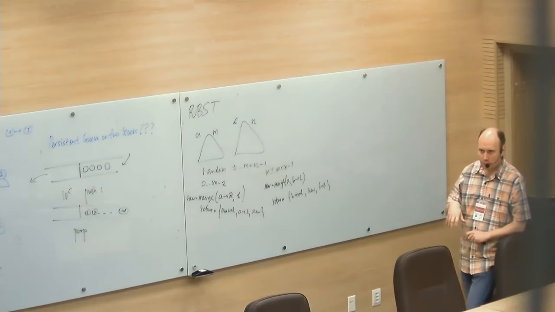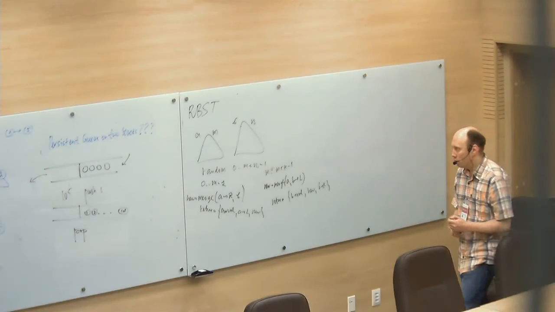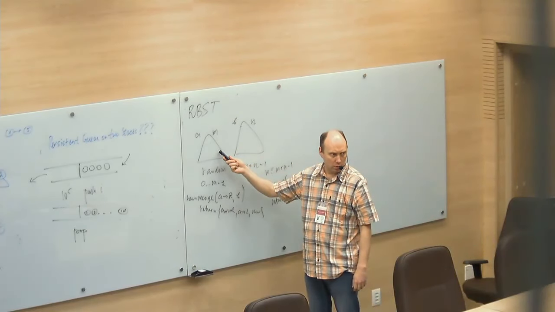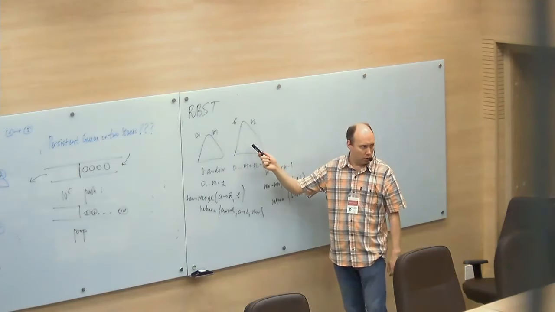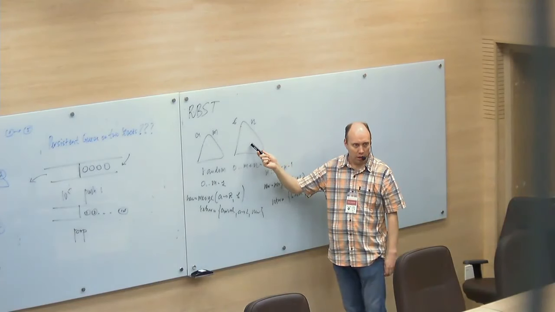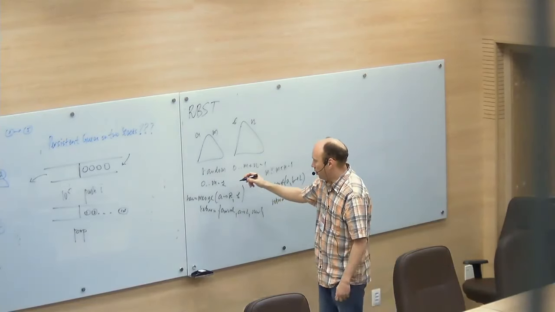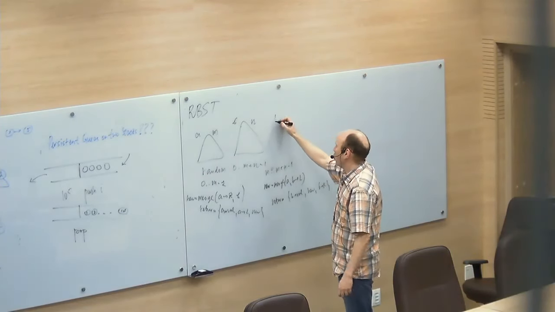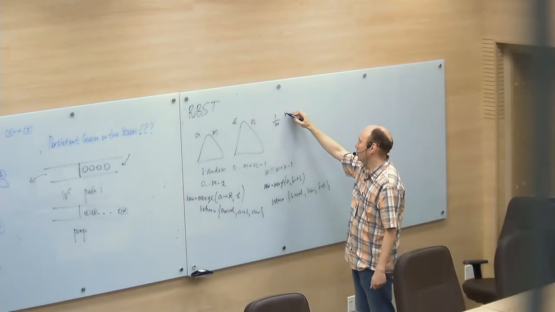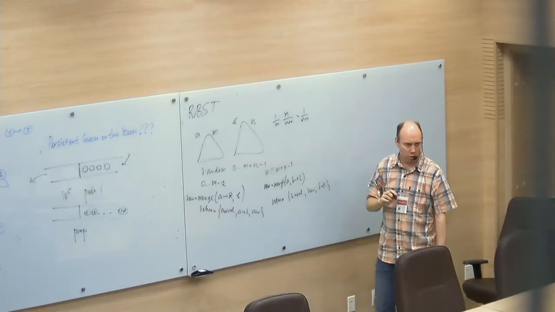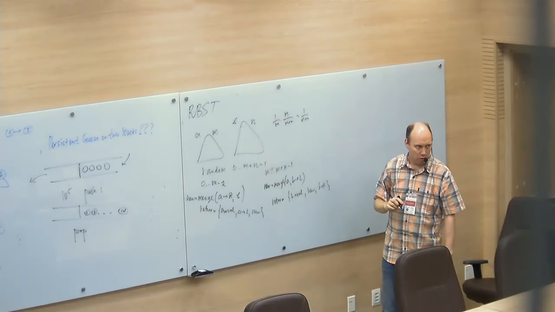This is by induction. By induction, each vertex of this tree has an equal chance to be the root of this tree, and each vertex of this tree has an equal chance to be the root of this tree. So for the one from here, we have 1 divided by m times m divided by m plus n, which is 1 divided by m plus n chance to become the root of the new tree.